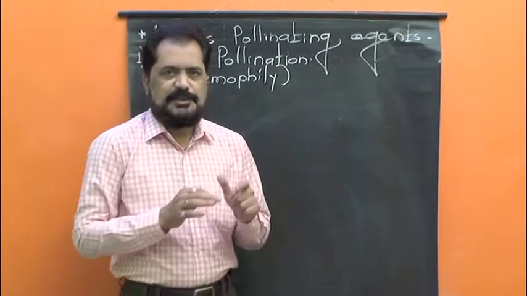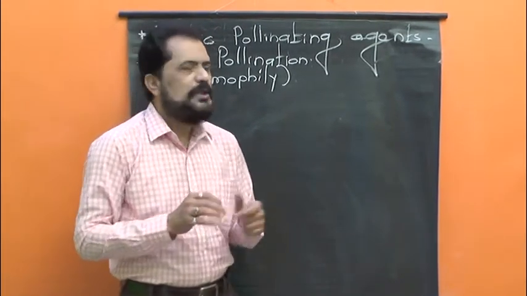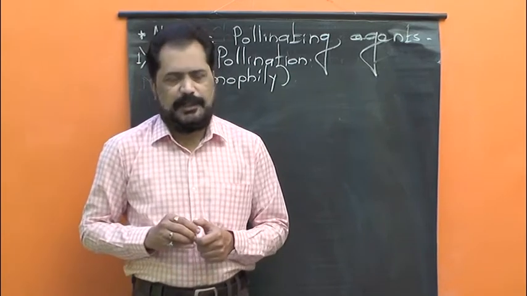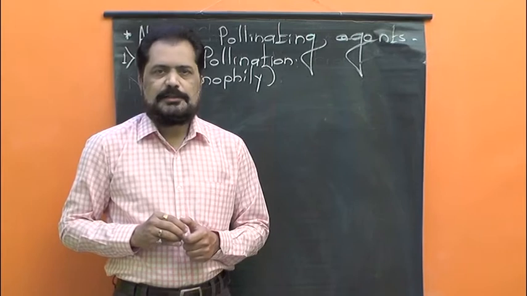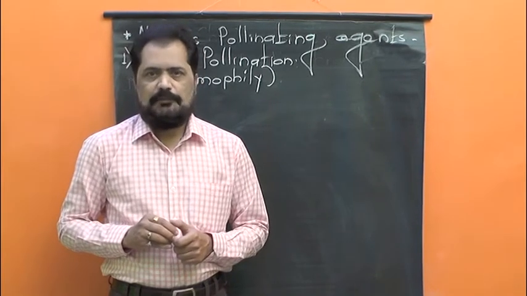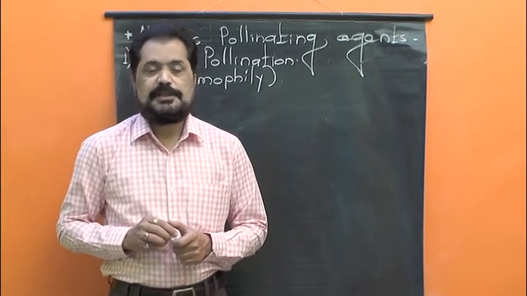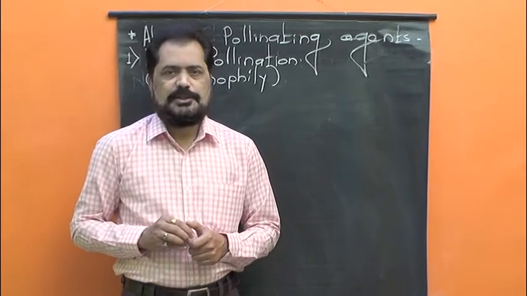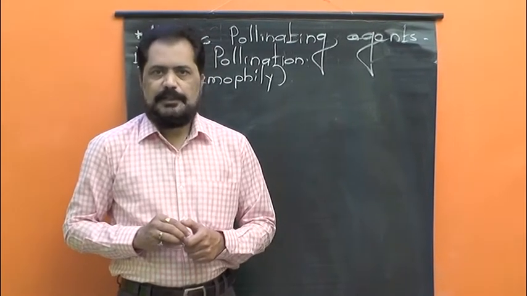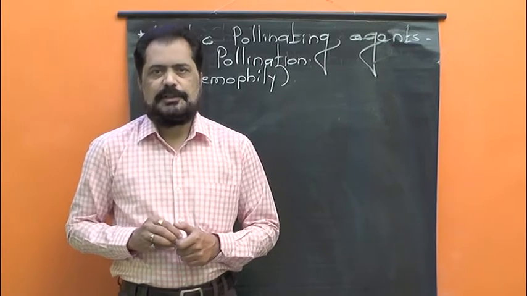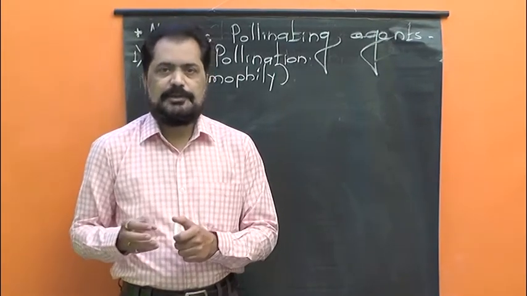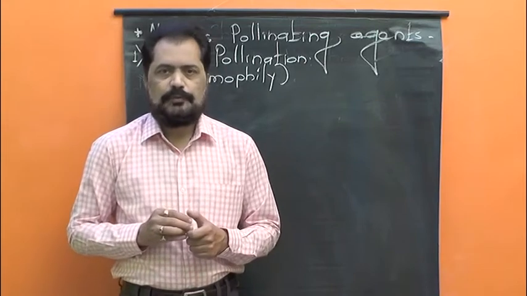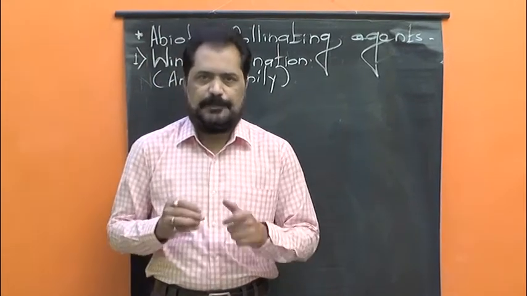The literal meaning of anemophily, or wind pollination, is that it is a type of pollination in which the pollen grains are carried from anther to the stigma through the agency of wind.